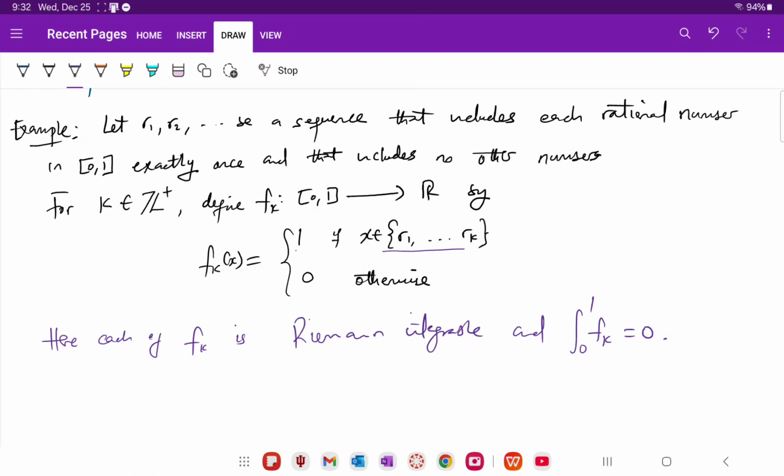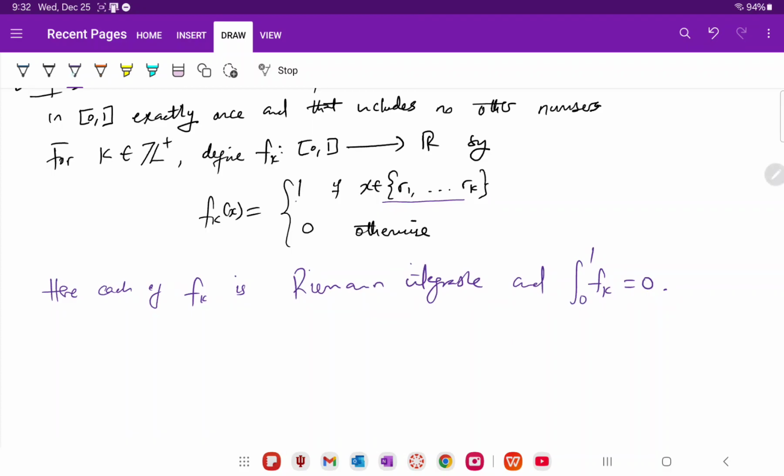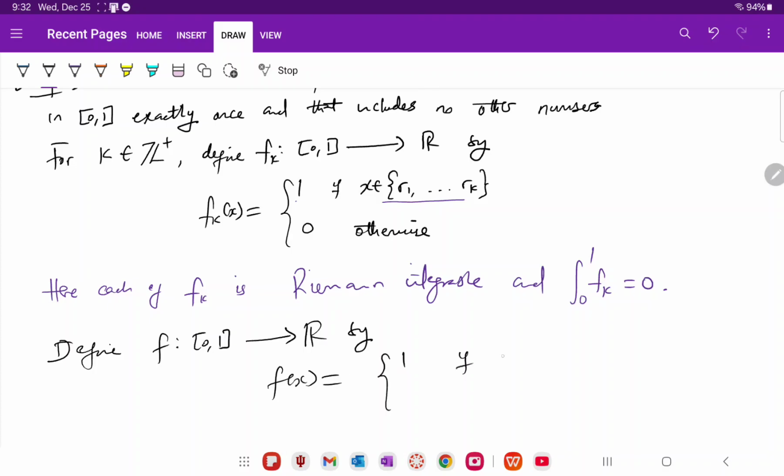So we can now define the pointwise limit for large k. Define f, the pointwise limit function of f_k, by f(x) equals 1 if x is rational and 0 if x is irrational.